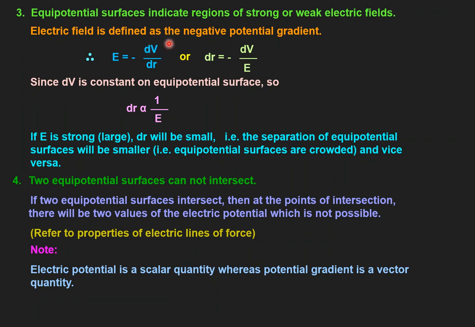So you must analyze that any vector can never be equal to a scalar. So this relation itself is telling us the electric field is a vector quantity. This negative sign and this dV divided by dr, this differentiation simply tells us how the electric potential will change as a function of separation.